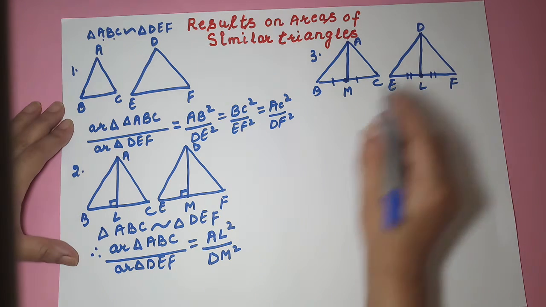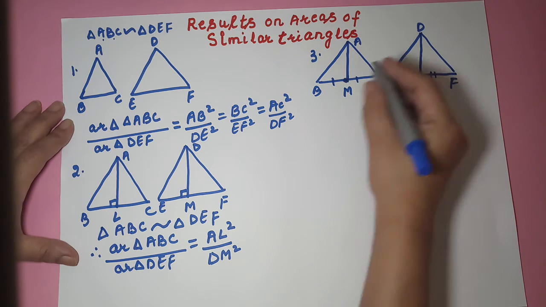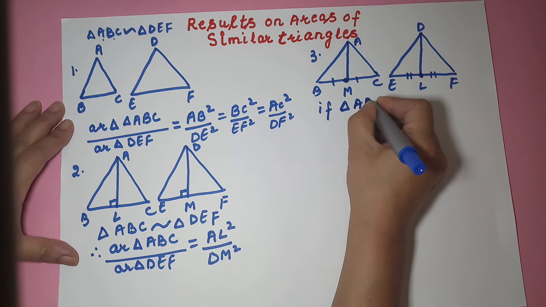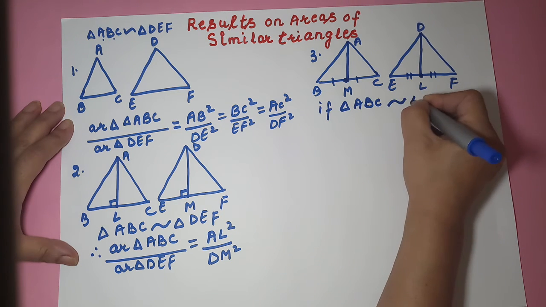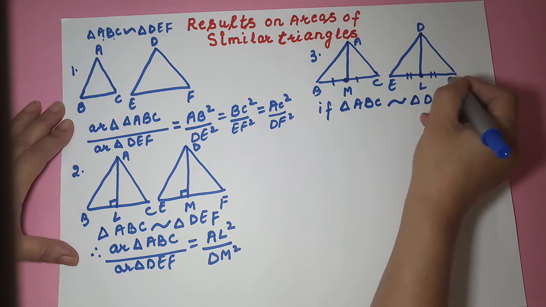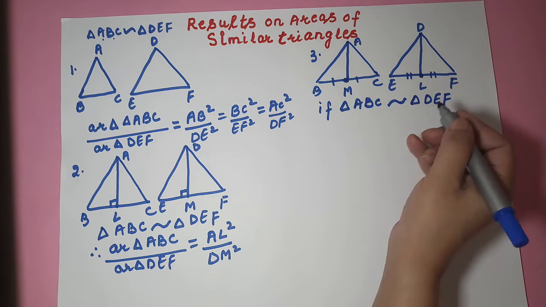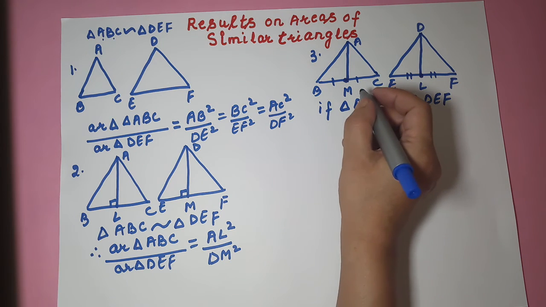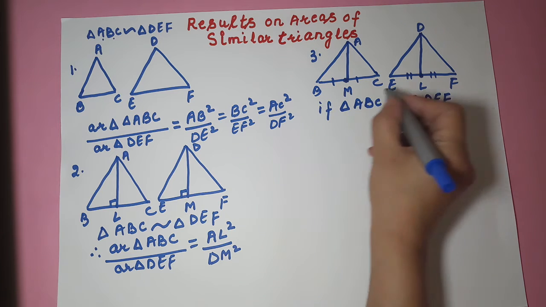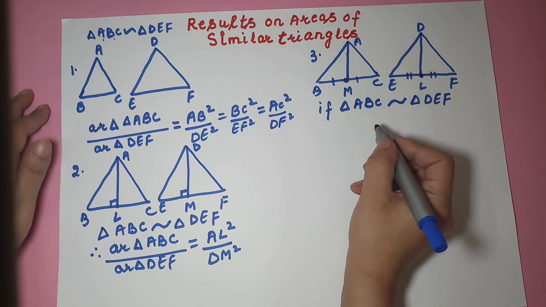Here they were altitudes, now this time they are medians. And if triangle ABC is similar to triangle DEF, I will repeat, all these theorems apply to similar triangles only, then the areas of two similar triangles are proportional to the squares of their corresponding medians.